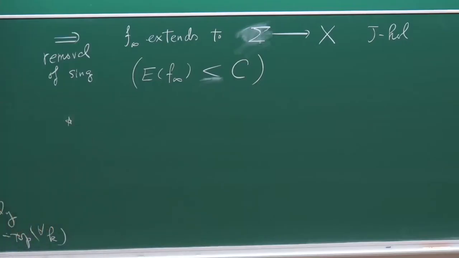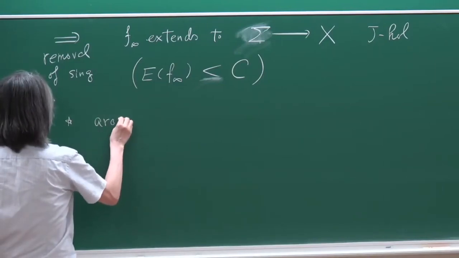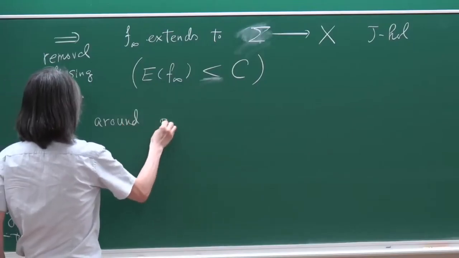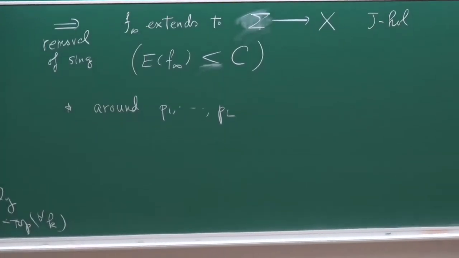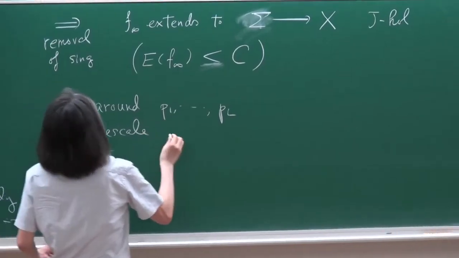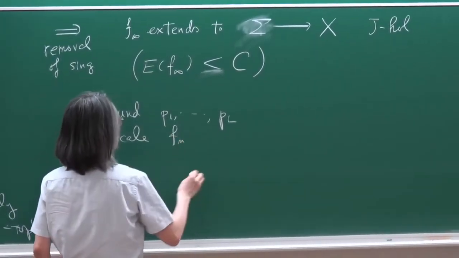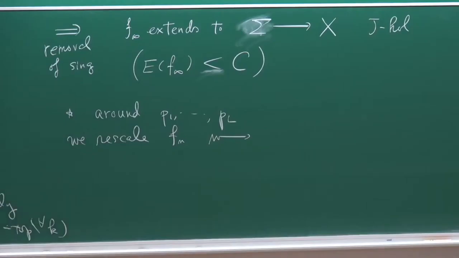But also, near this P1 to PL, we can also see other curves. Around this P1 to PL, somehow we describe this sequence F_n, and then somehow we obtain other holomorphic curves, right?